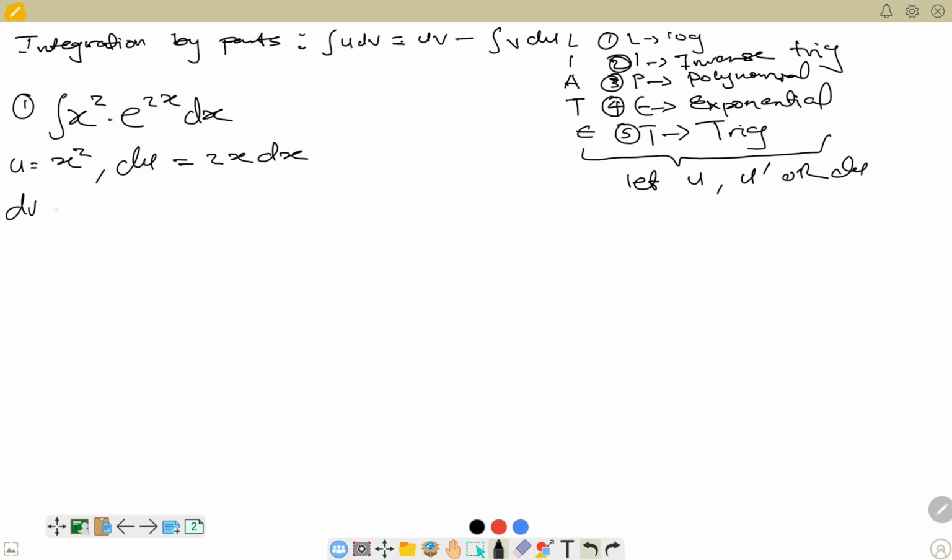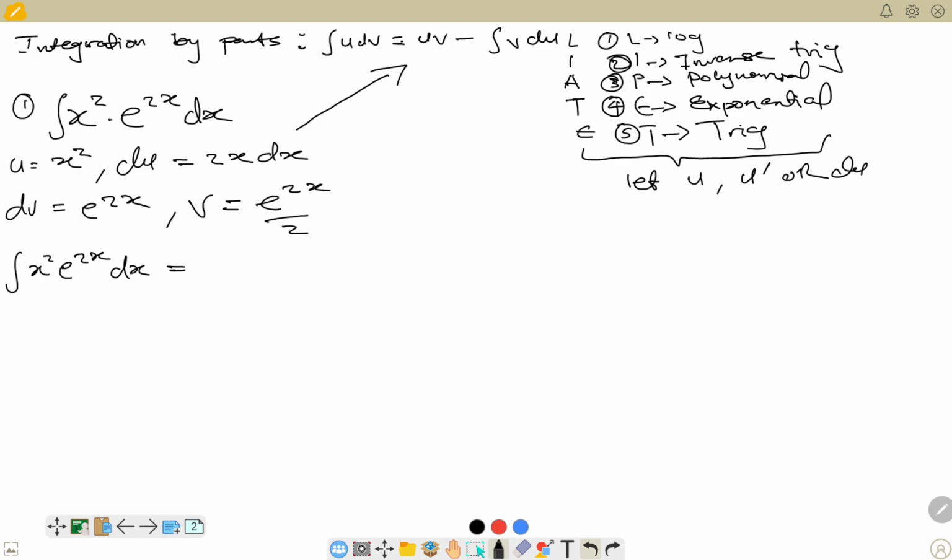Then we have dv here, which is e to the power 2x. When you integrate this, the v gives e to the power 2x over 2. So what are we noticing? Now we have everything that is in that formula. We take our original integral as it was and rewrite it here.